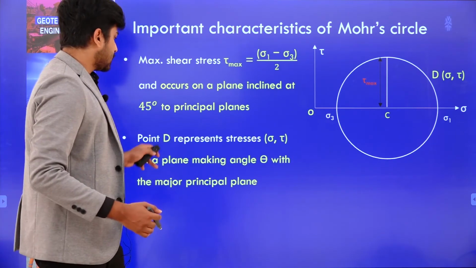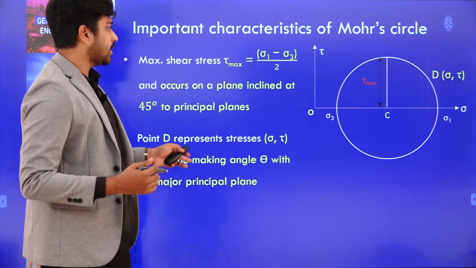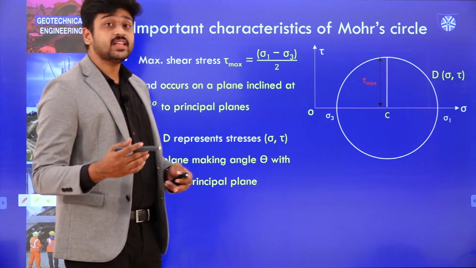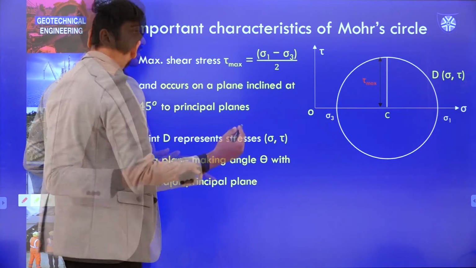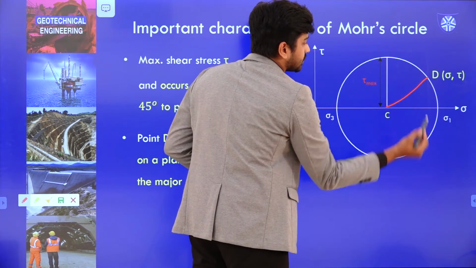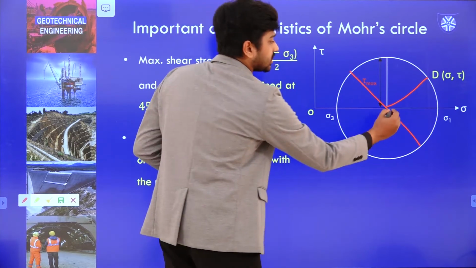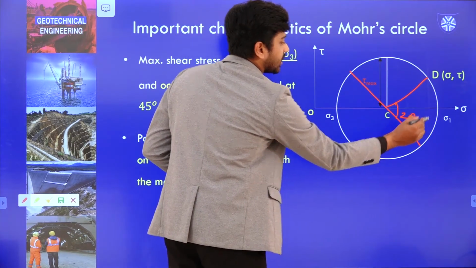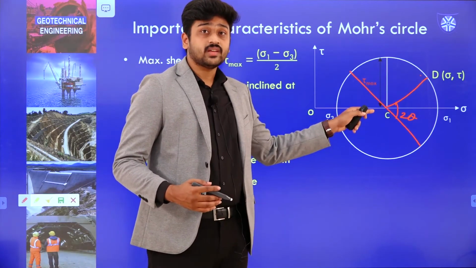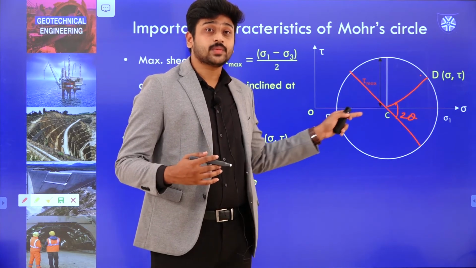Coming to the other part. As I said, D is a point representing the pole. When a plane is making an angle of theta, let me draw it here. Imagine this is my plane, making an angle 2 theta. Whenever this point is making an angle of theta, that is known as my major principal plane.